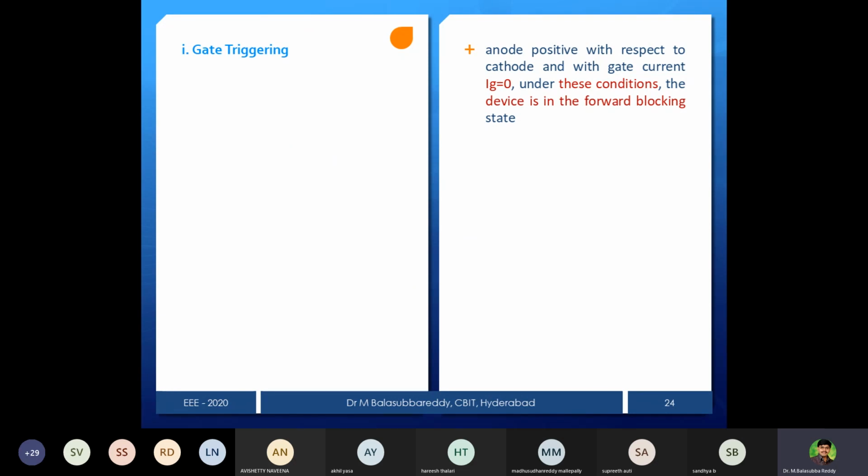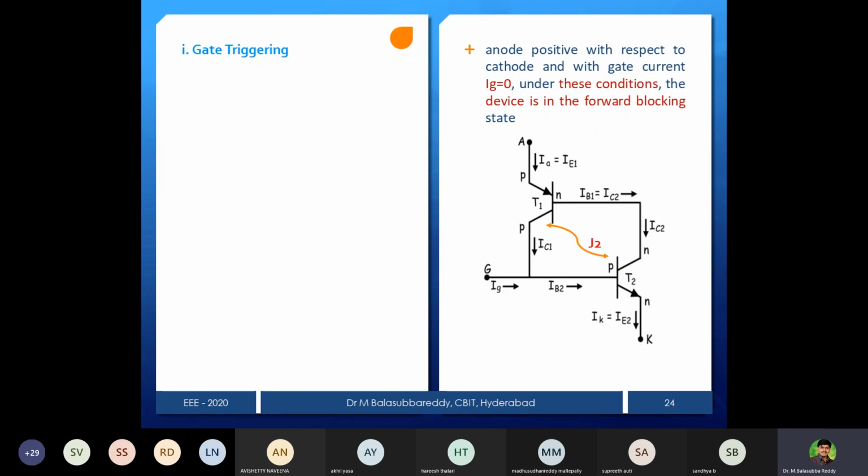This statement is fine, everyone. Anode and cathode are under forward bias condition, and unless we give a gate signal or some other method, it cannot be triggered. That is the reason we call it the forward blocking state. Now, between transistor 1 and transistor 2, there is a junction J2 present.